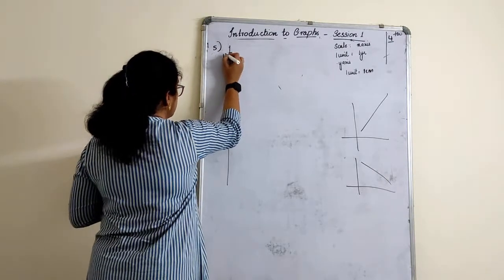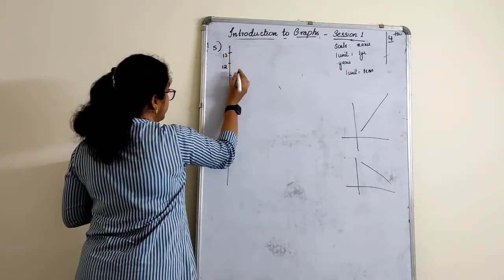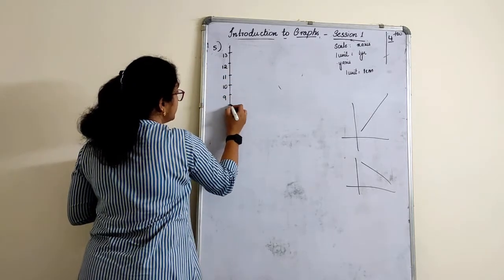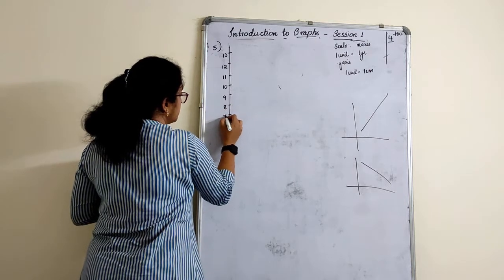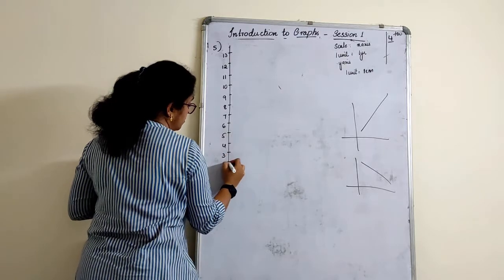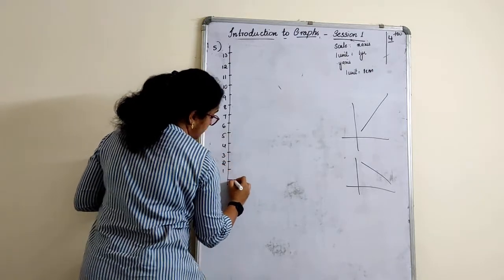So I'll take this as 13, 12, 11, 10, 9, 8, 6, 5, 4, 3, 2, 1.